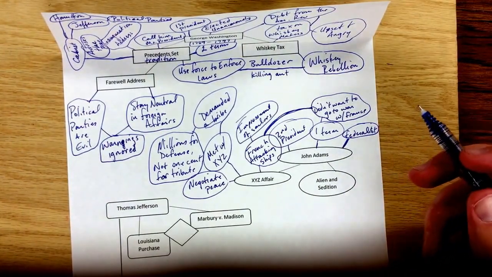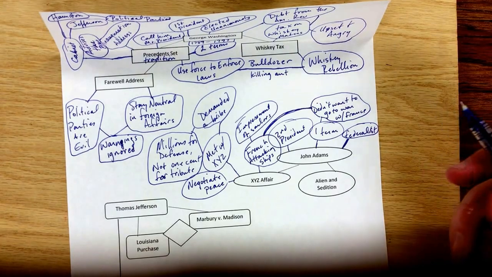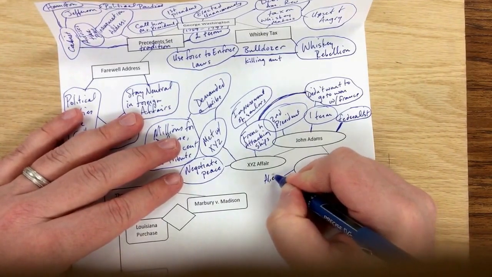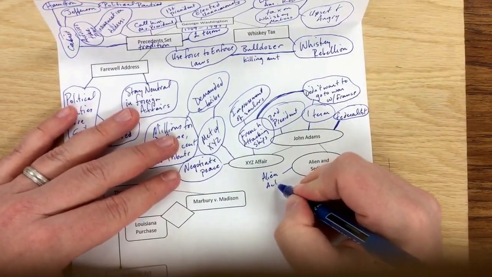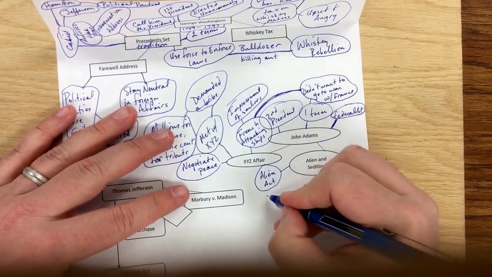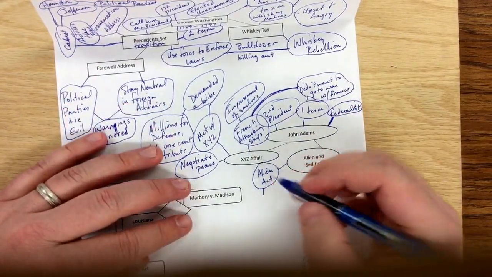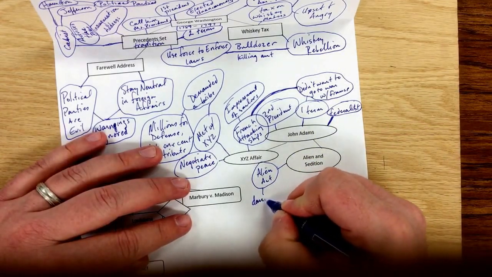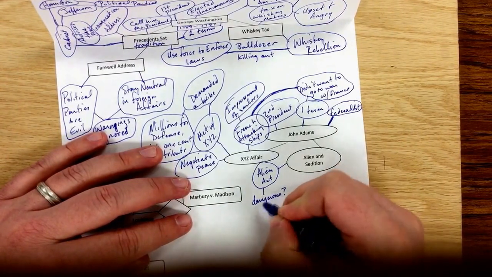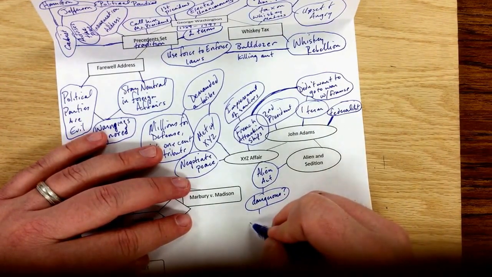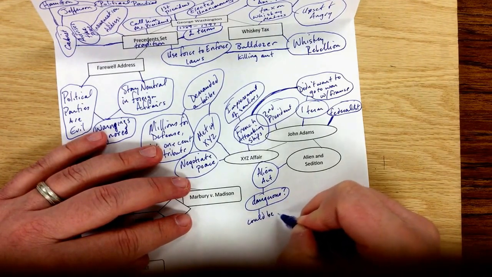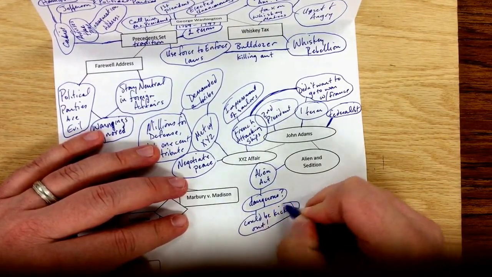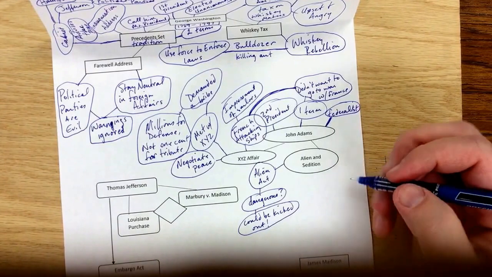Let's talk about the Alien and Sedition Acts. I'm going to put the Alien Act over here. Remember, if you were a dangerous foreign citizen in the United States, a dangerous foreigner, you could be kicked out. Okay?